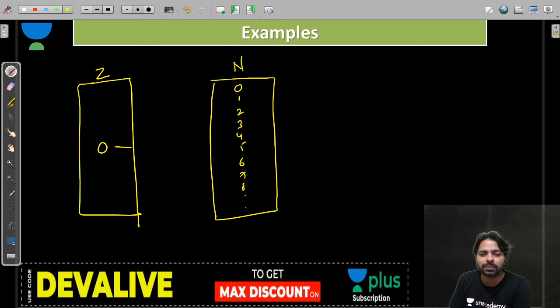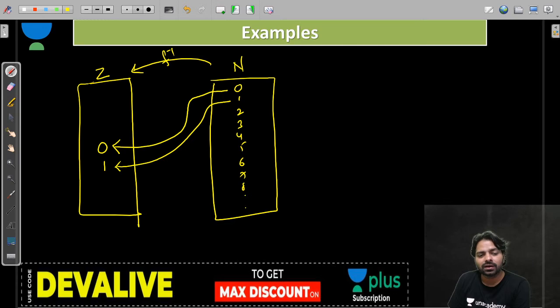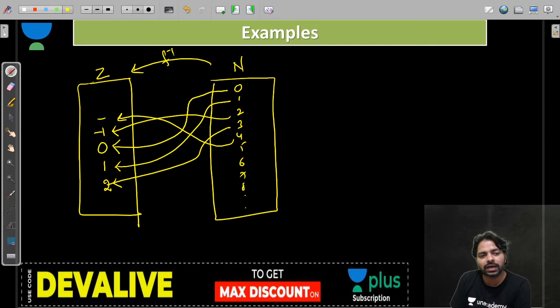And 0 we are mapping to 0. So now this is f inverse. F inverse we will map this way. And who came to 1? That 1 actually came from 1. Now the inverse: minus 1 went to 2, so now 2 will come to minus 1. And 3 comes to 2. And 4 goes to minus 2. And so on.